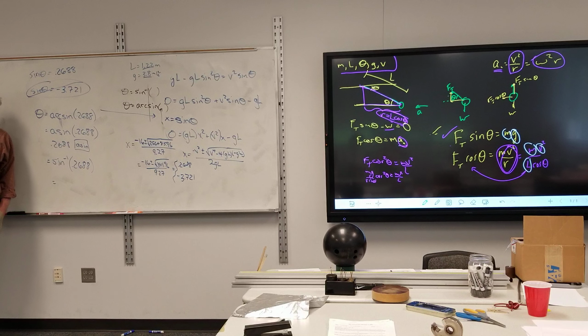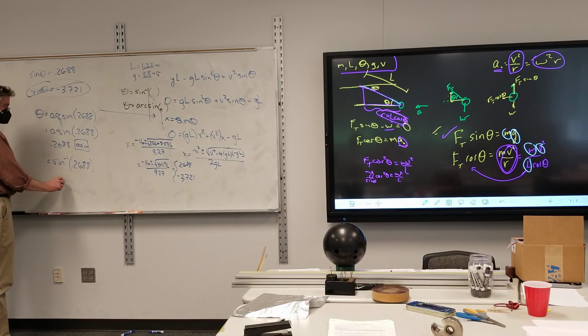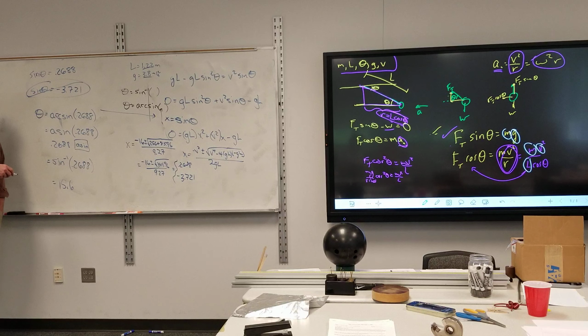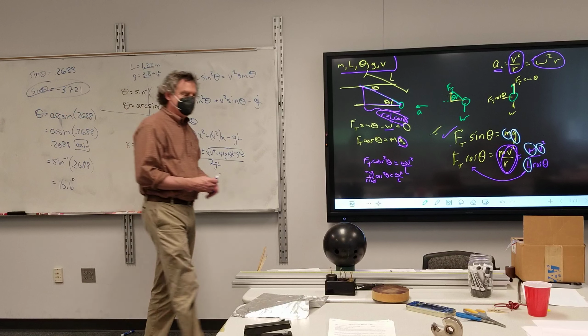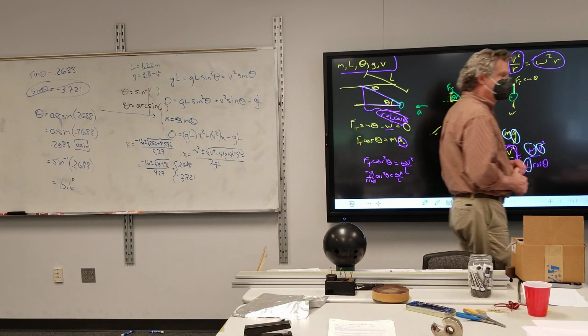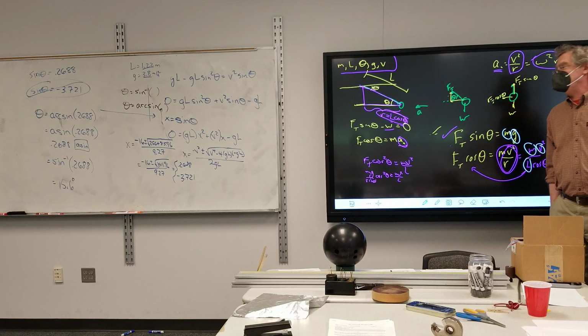Say it again. 15.6, or 15.5953. Units? Degrees. Yeah. If you don't put units down for the angle, it's assumed to be radians.